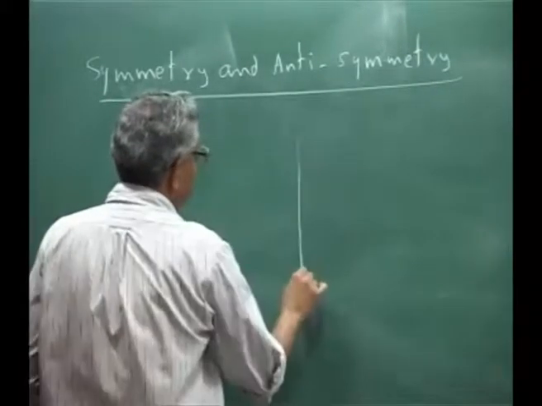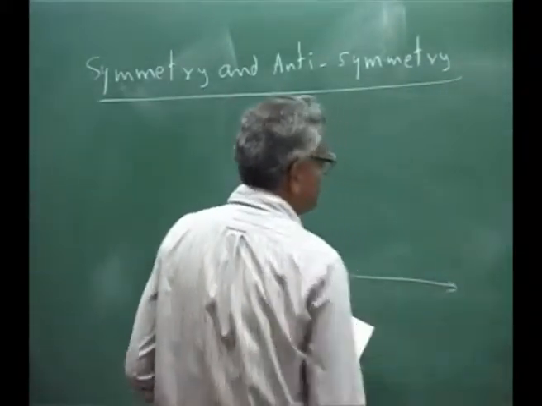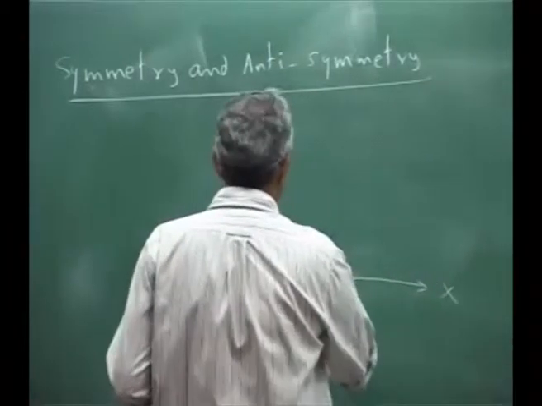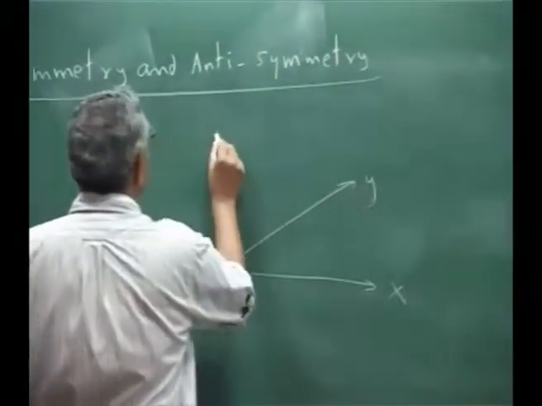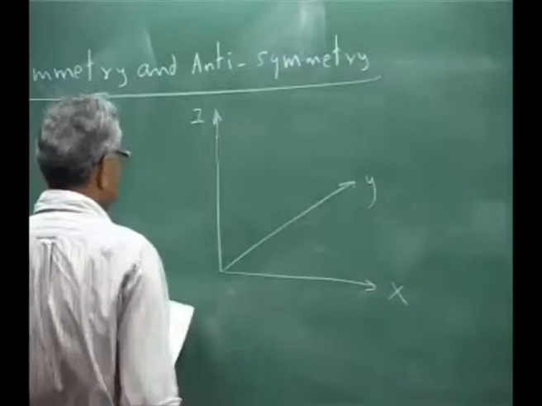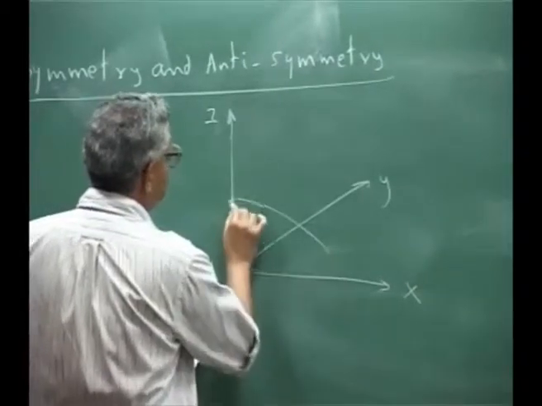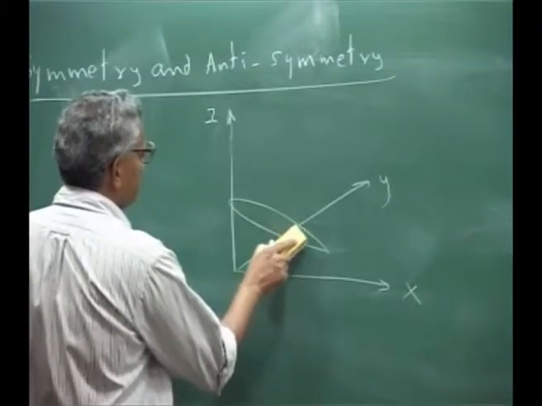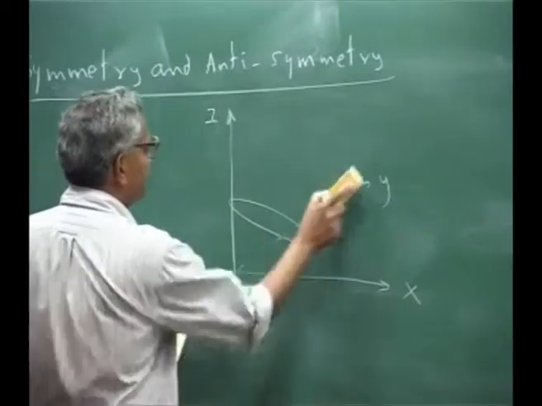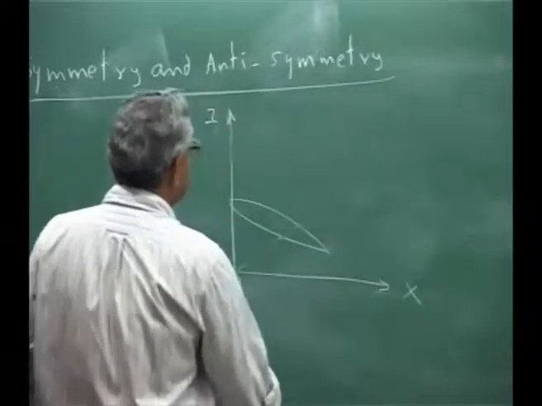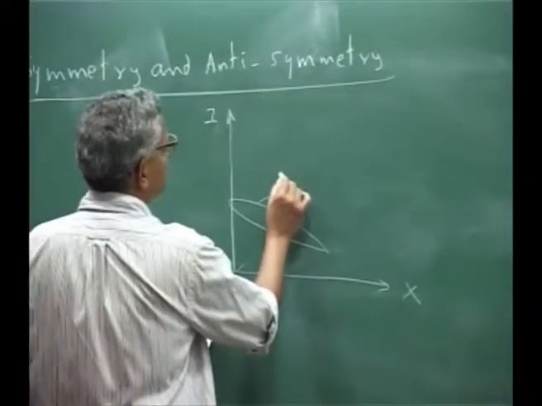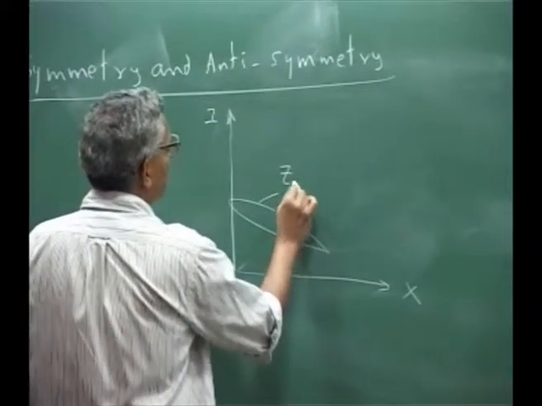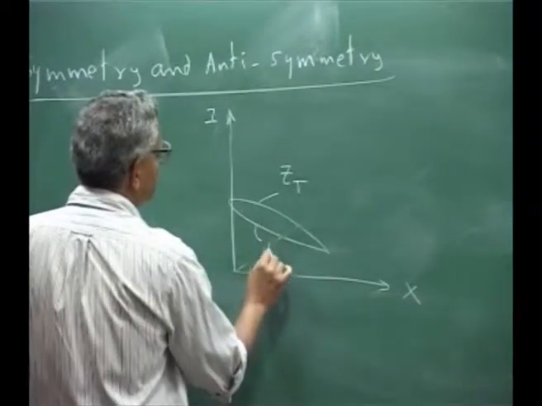See, we say this is our X, this is our Y, and this is Z. And if we say this is my airfoil, let me not bother about the Y. This is the top surface. This is the bottom surface.